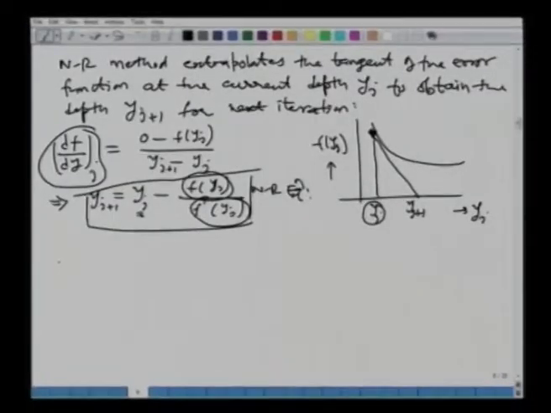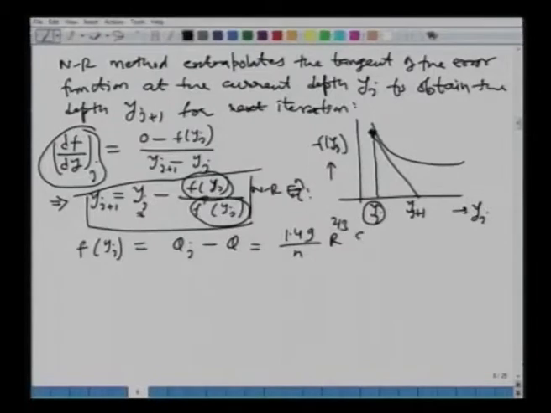All right. So, we had said already, what is f of y j? What is our function? It is your Q j minus Q, where Q j is 1.49 over n A R to the 2 by 3 S to the 1 half, minus Q, where capital Q is the discharge coming from the overland flow, which is constant, and we have calculated that.